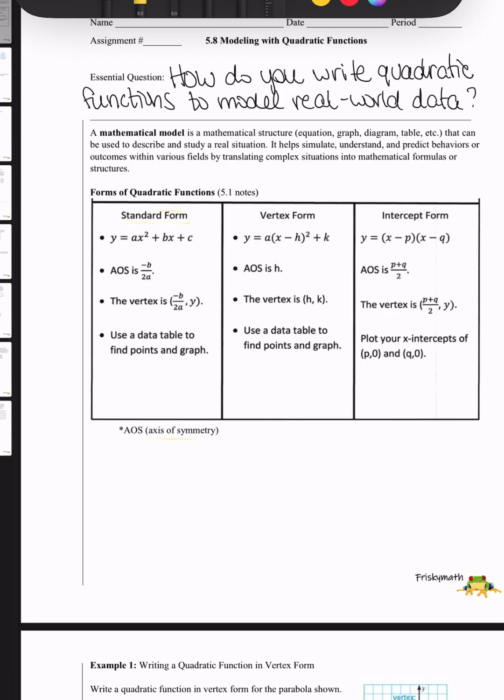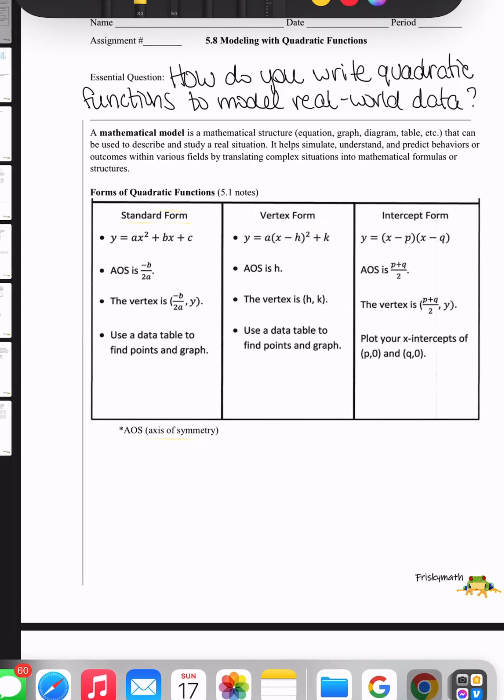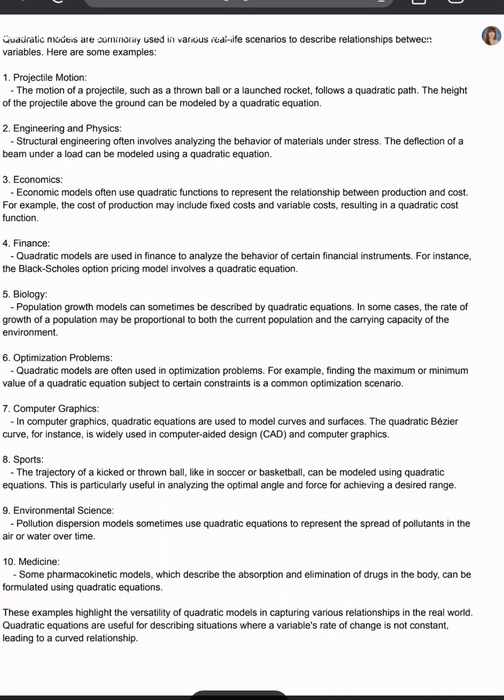There are other examples of modeling with quadratic functions, and you're going to continue to see these through various word problems. Some examples might be, in addition to projectile motion, engineering and physics, like building bridges, economics, finance, right?